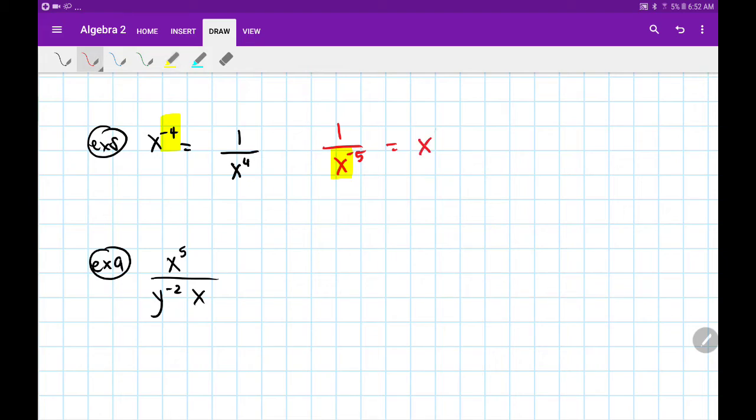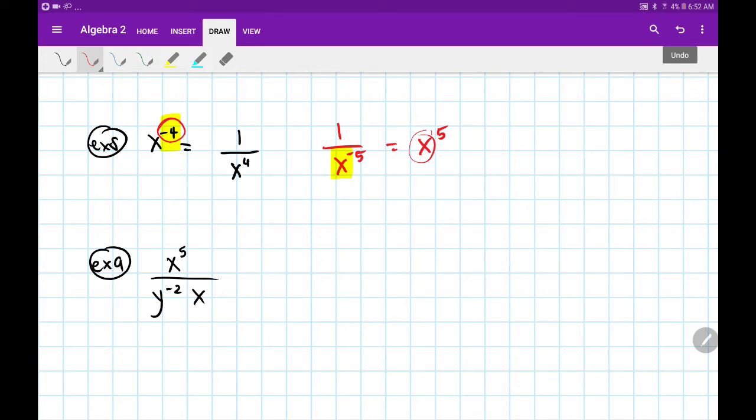So it'd be x to the positive 5. A common mistake people make is that they leave the exponent negative even if they've already transformed it, but that would be incorrect. Once you take the reciprocal, your sign switches for your exponent.